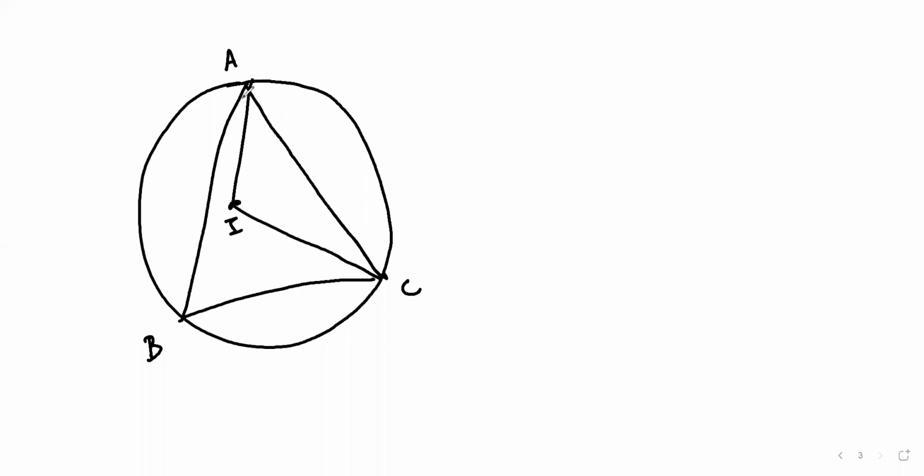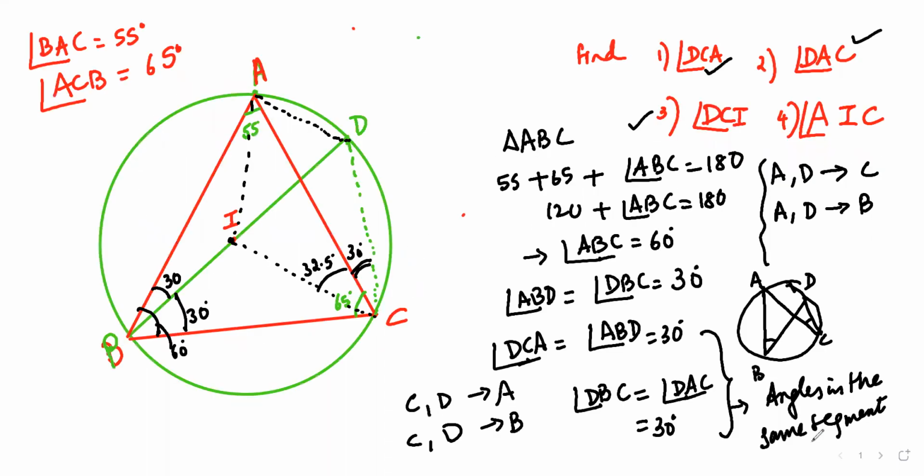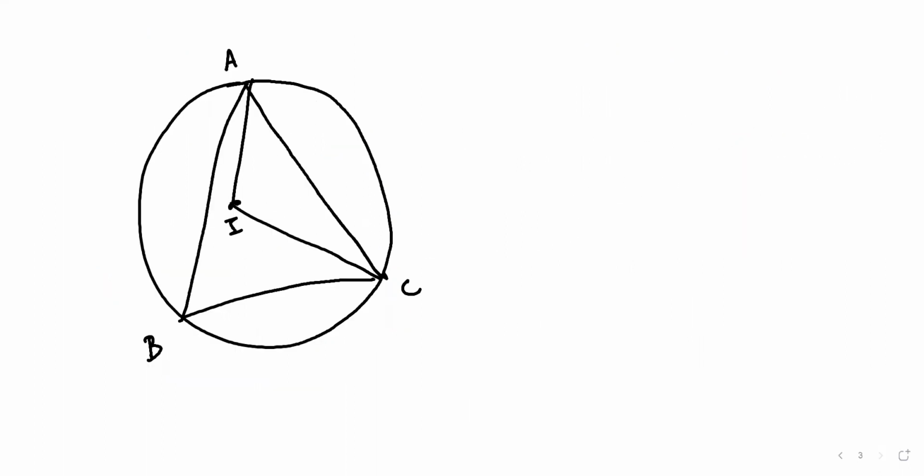So the complete angle A is what? 55 degrees, isn't it? That is angle BAC is 55. Angle ACB is 65. So this entire angle is 55 and this entire angle is 65. Because I is the incenter, this will be 55 by 2. I'll not take in decimals, I'll just keep it at this. Likewise, this entire angle C is 65, so this part will be 65 by 2 because I is the incenter, isn't it?